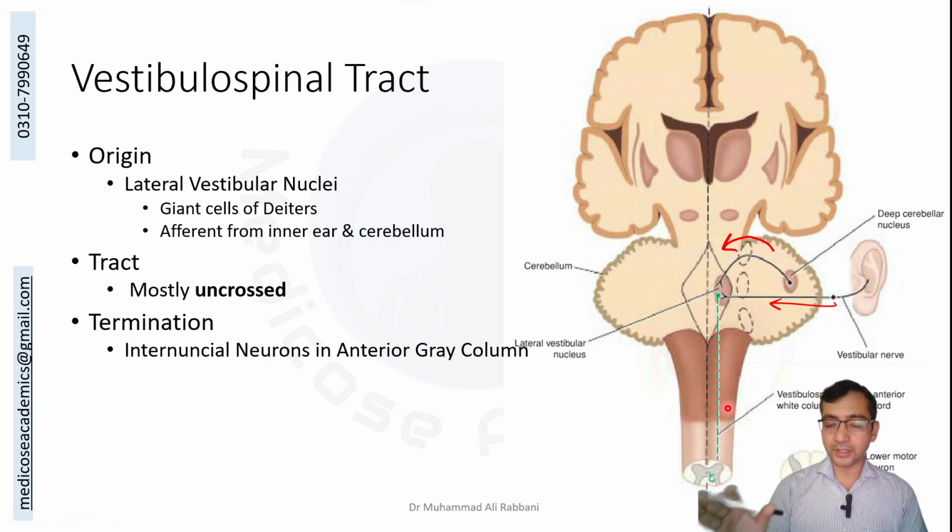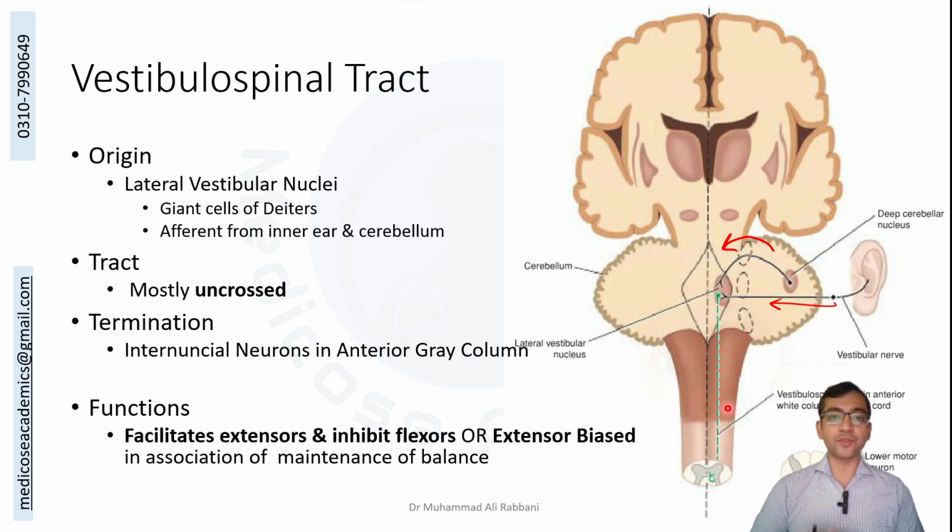Apart from the corticospinal tract, part of which ends on alpha motor neurons for voluntary movements, most of these tracts end on the internuncial neurons. And the function is to facilitate the extensor muscles and inhibit the flexor muscles. So this is called extensor bias. It is responsible for keeping you upright, keeping you straight while standing.